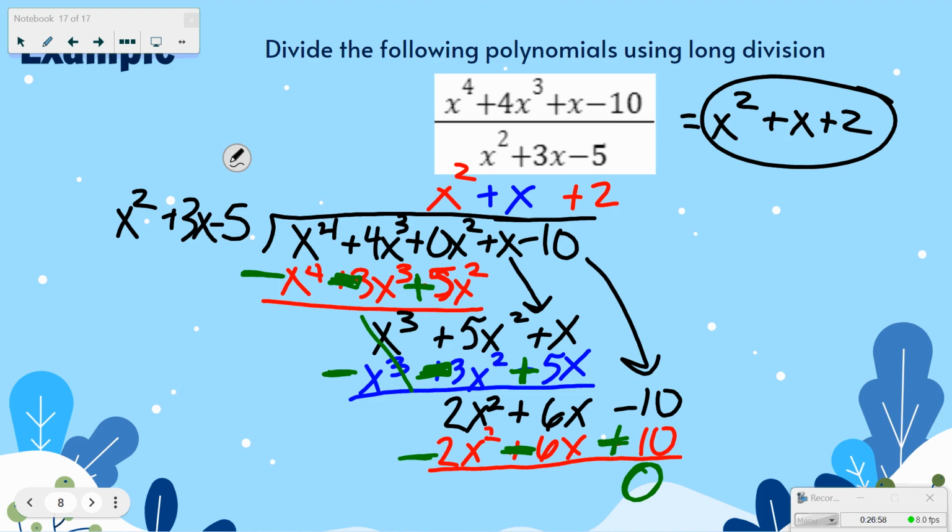Meaning, x squared plus x plus 2 times this was equal to your numerator. What questions do you guys have with long division? So keep your foundation of what you did back in 5th grade as you move through with your polynomial long division.